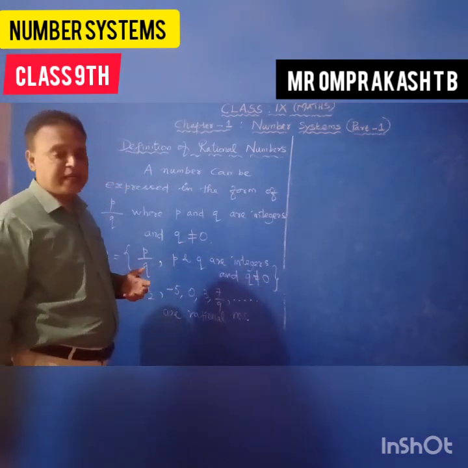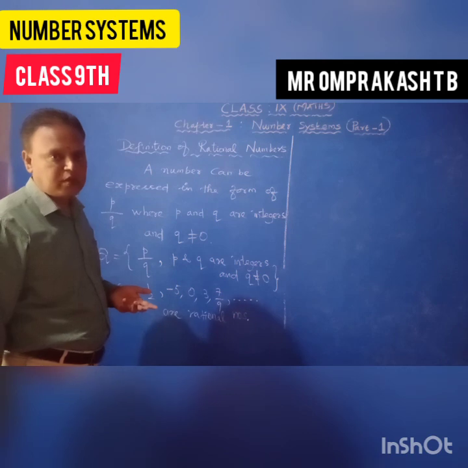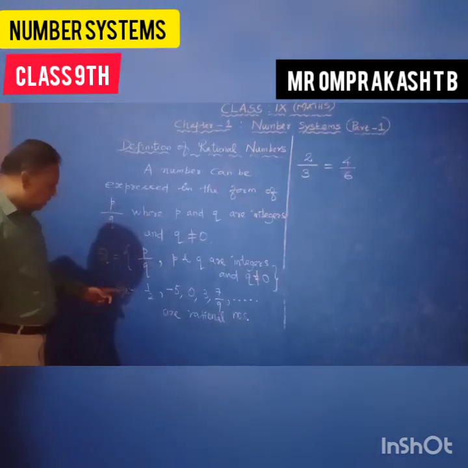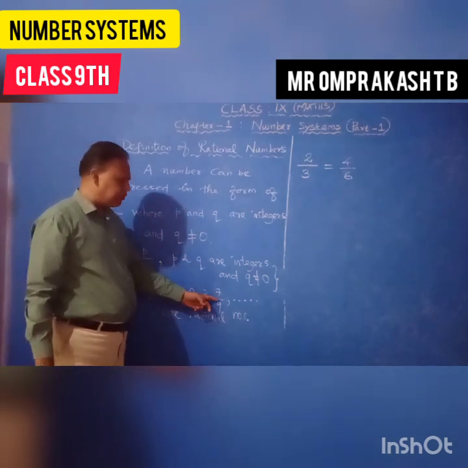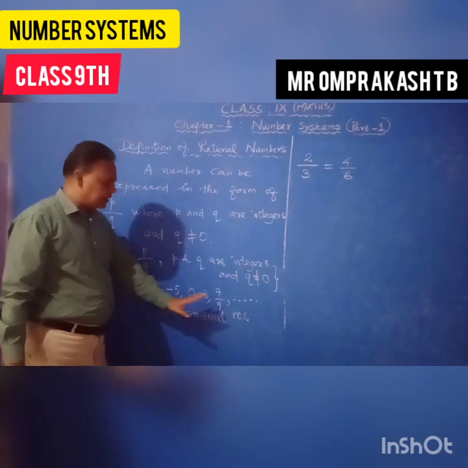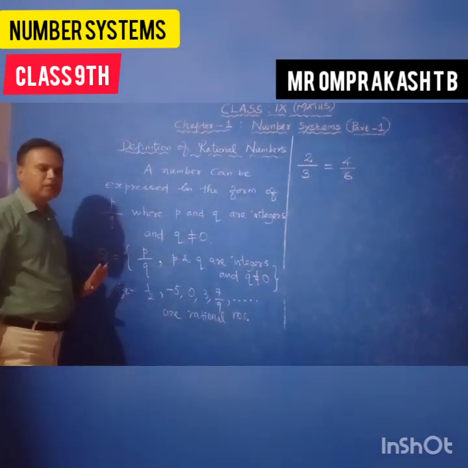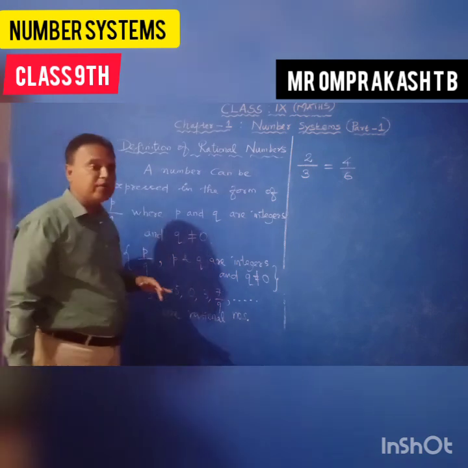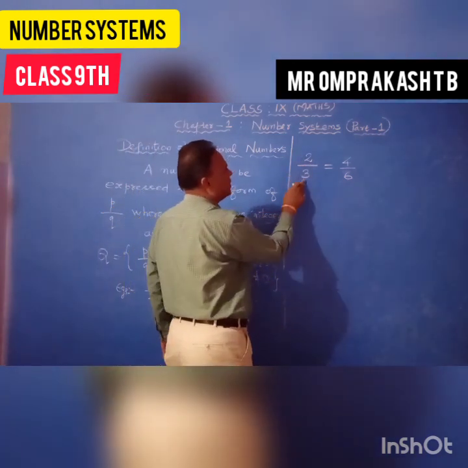Already in lower class you might have studied equal fractions. Examples: 1 by 2, minus 5, 0, 3, 7 by 9, etc. are rational numbers. So all fractions are rational numbers. You have equal fractions, that is 2 by 3.